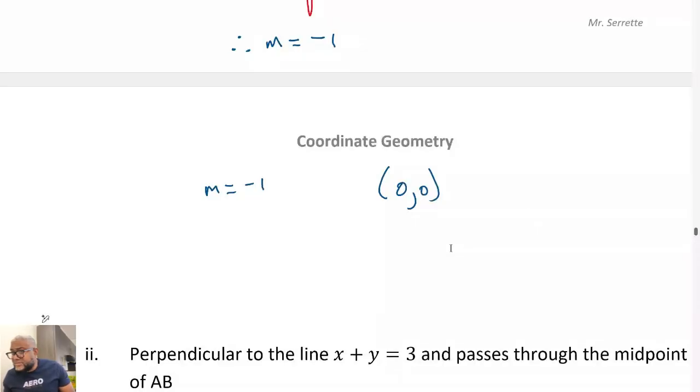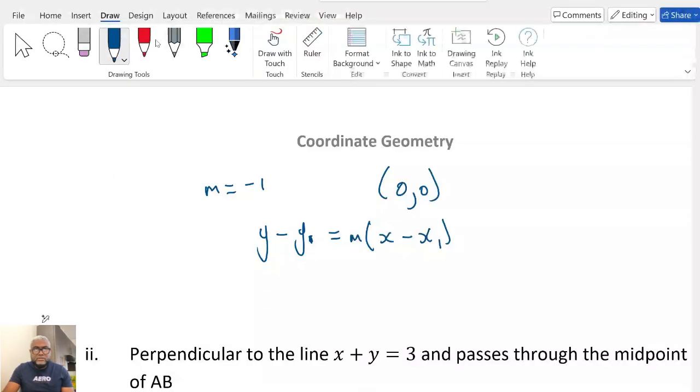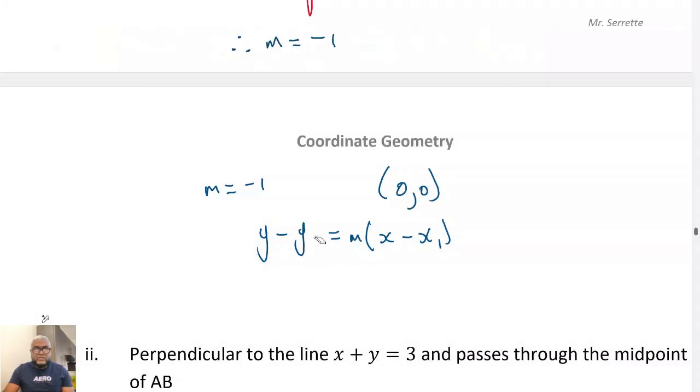Larock, what's the formula for the equation of a line? y minus y1 equals m brackets x minus x1. Right? Very good.